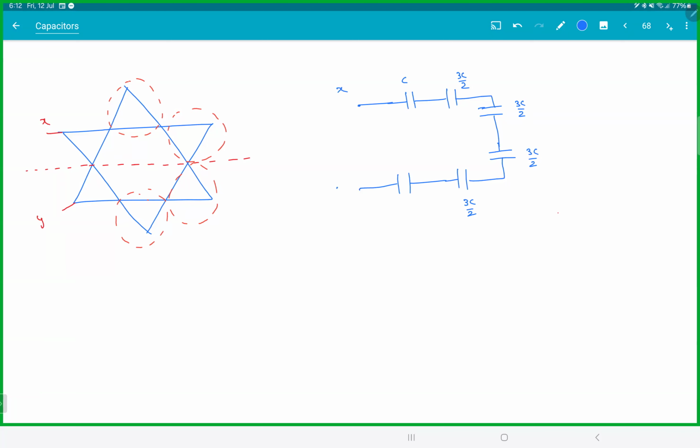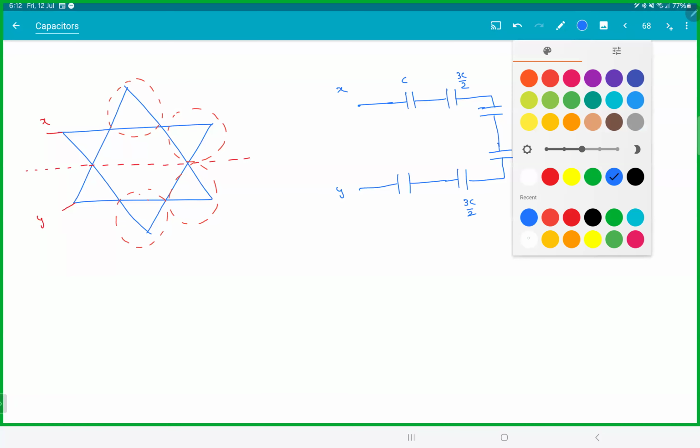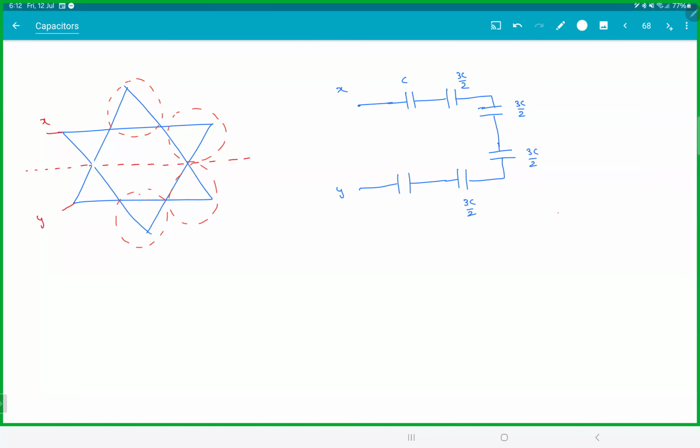This is X, this is Y. And this node you can open up in the middle. That would be just two parallel capacitors actually.